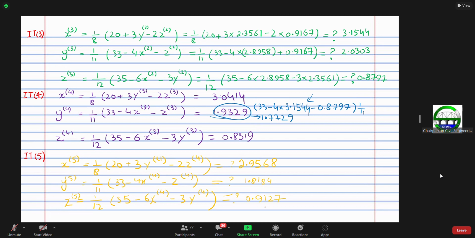Can anyone else tell me the value of Z5? The value of Z5, please. 0.9527.